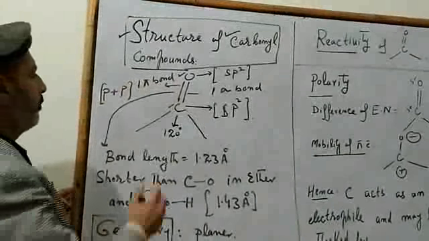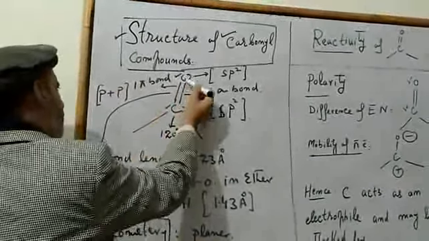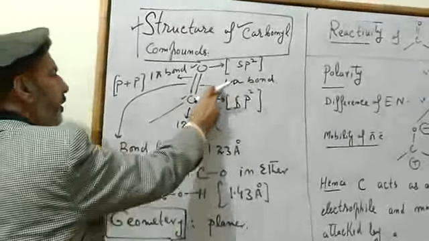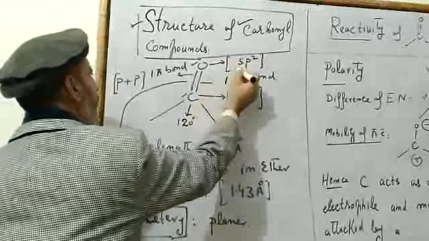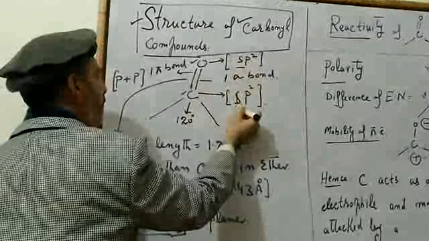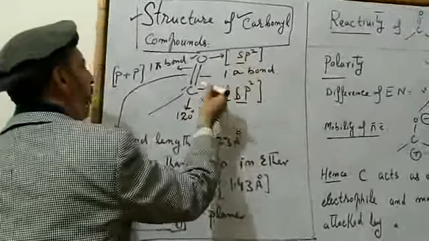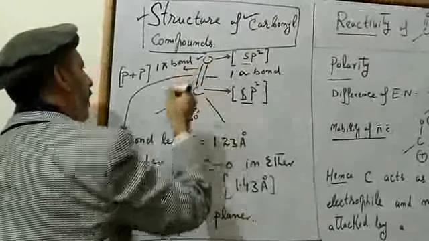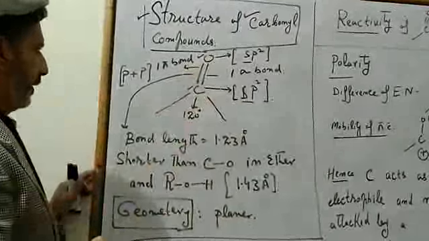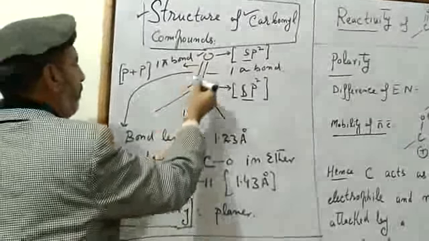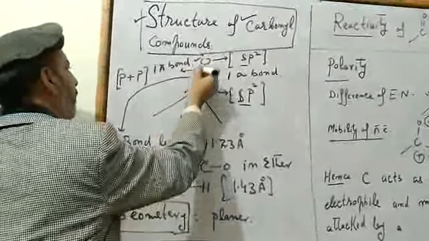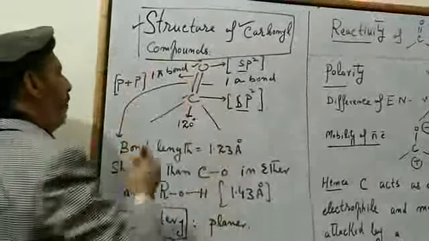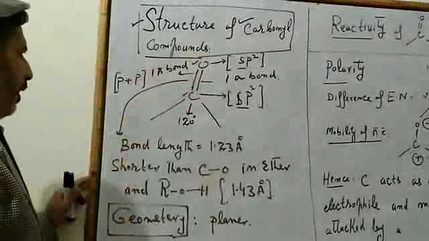So the carbon-oxygen bond consists of a sigma bond, formed by sp2-sp2 overlap, while the pi bond is formed by the sidewise overlap of the p orbital of carbon with the p orbital of oxygen.